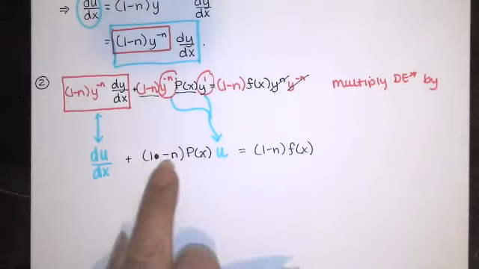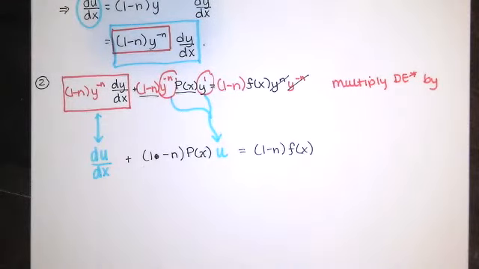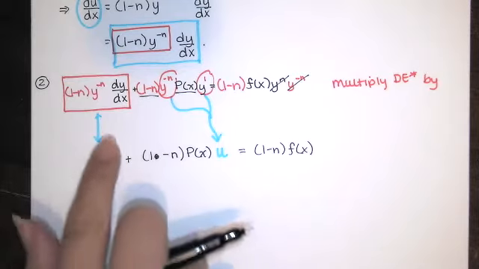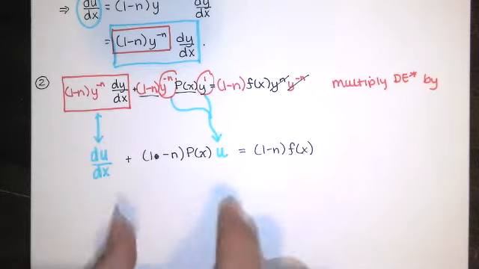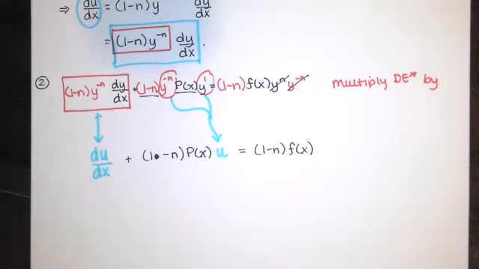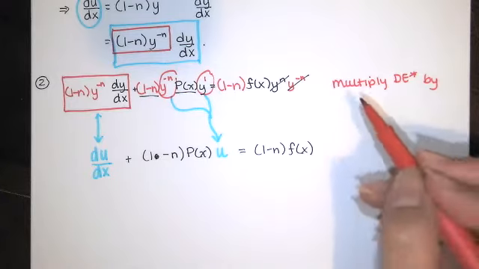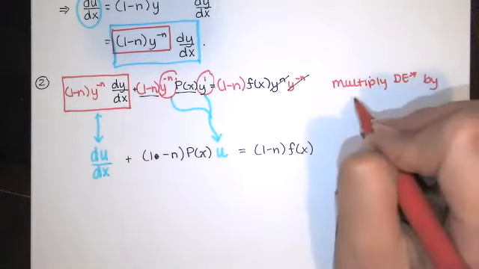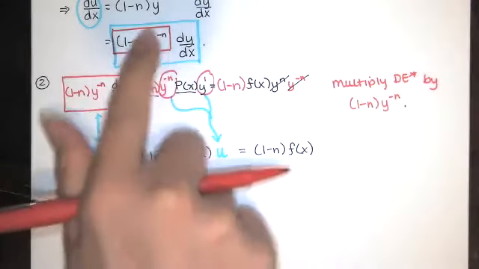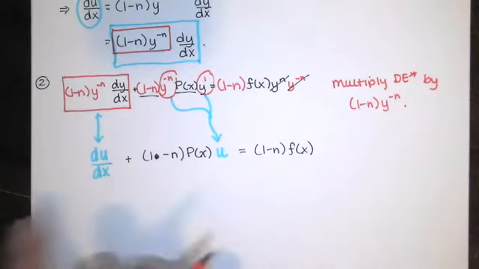And don't get distracted by this. I know it makes it look more complicated, but this is just first order linear in u. You've got the first derivative of u with respect to x plus a function of x times u equals a function of x. I forgot to finish writing this out. We're multiplying DE star by 1 minus n times y to the negative n, which is that function from right there. And then you're going to simplify.